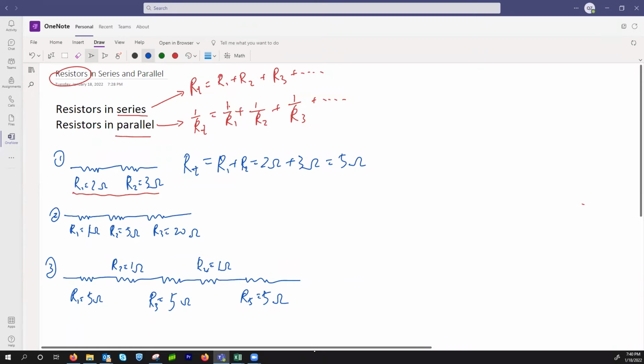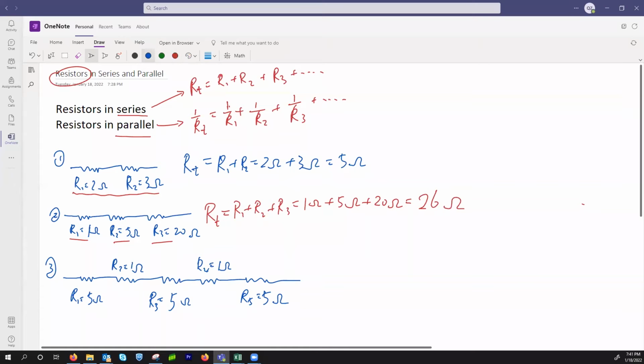The second example, again, as you can tell, the connection of R1, R2, and R3, they are in series. So based on the equation we had earlier, the total value of the resistance RT would be adding all the resistors together. So it will be 1 ohm plus 5 ohm plus 20 ohm. Add them together equal to 26 ohm.